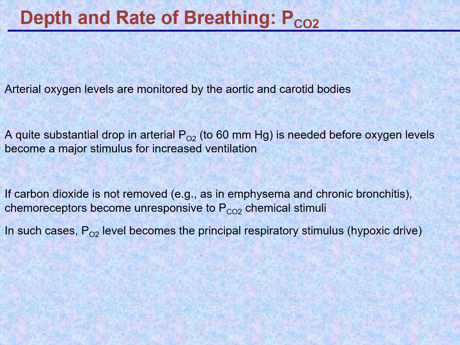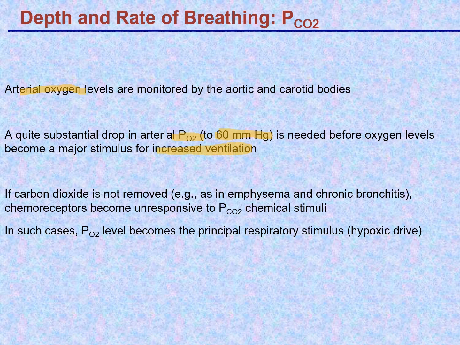Besides PCO2 and pH, the aortic and carotid bodies also act as chemoreceptors, and one of the other things that they monitor is the PO2, the arterial oxygen level. If you have a significant drop in arterial PO2, for example, a drop to 60, you will trigger increased ventilation.